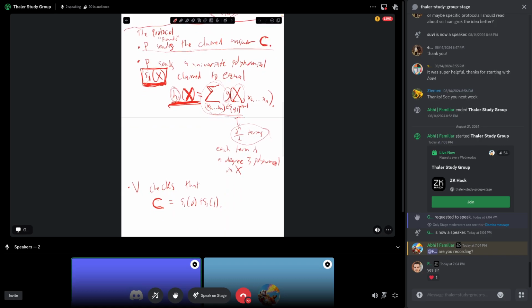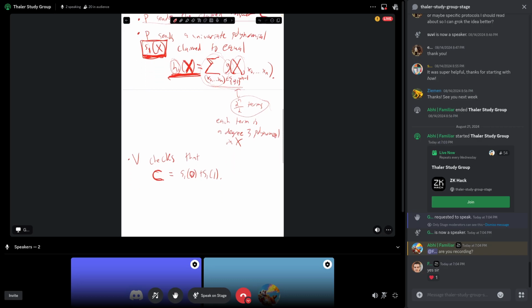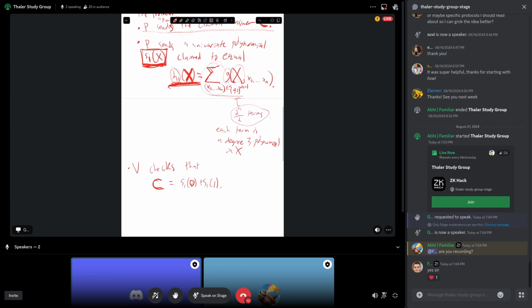Okay, but if you set that first variable to 0, you get out the first half of the terms in the sum where x1 was 0. And if you set that first variable to 1, you get out the second half of the terms in the sum, meaning the terms where x1 was 1. And if you add those two together, you get the whole sum. Right. So we defined the honest prover's message specifically so that this check would pass.